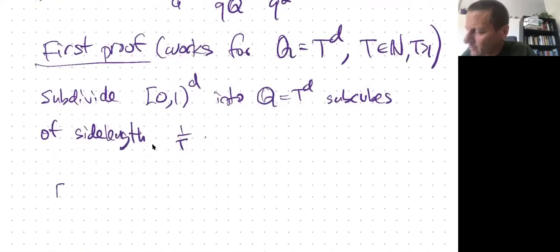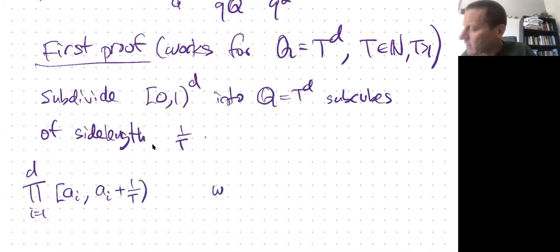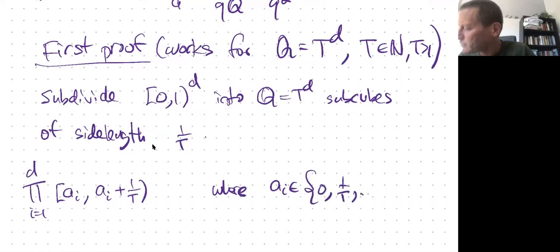So what I mean is the cubes look like this: the product over i from 1 to d of [a_i, a_i plus 1 over t], where a_i belongs to 0, 1 over t, etc.